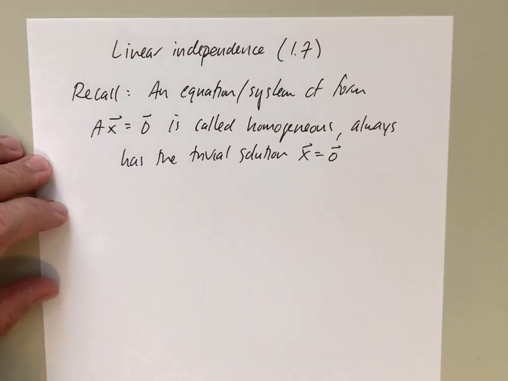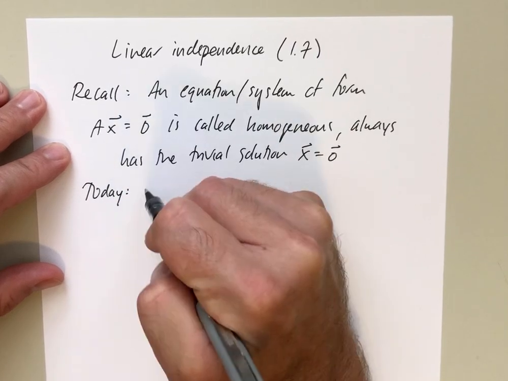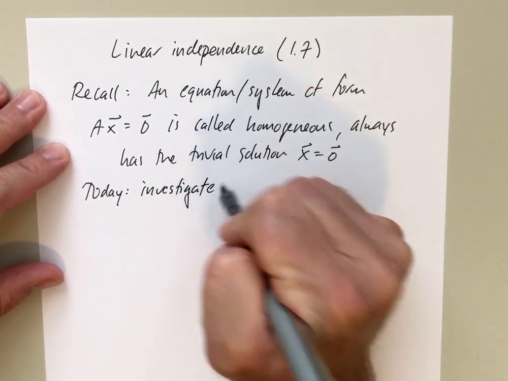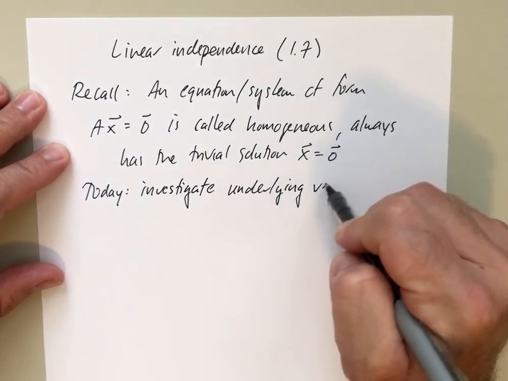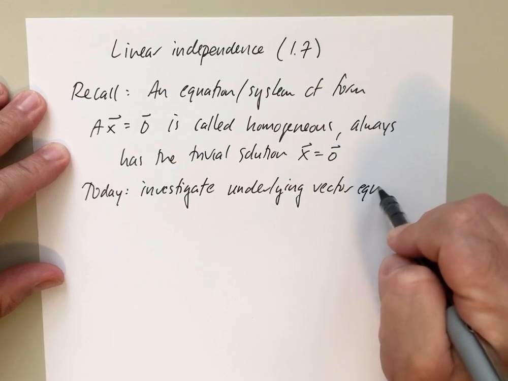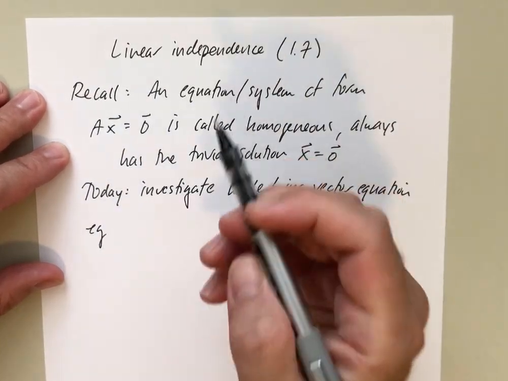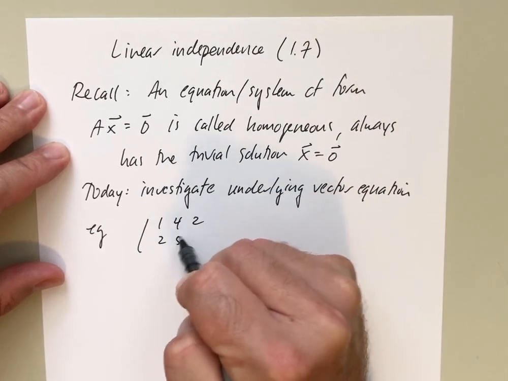in each equation, right? And so today we're going to translate this to, or investigate, the underlying vector equation of a homogeneous system. Let me do this with an example. Let's do a little 3x3 system here.